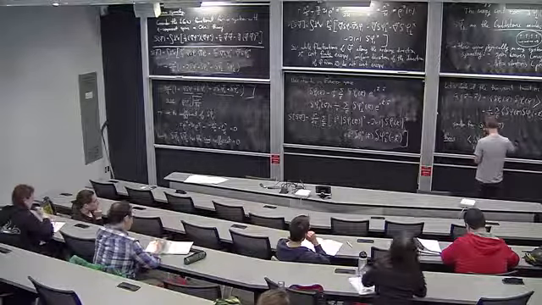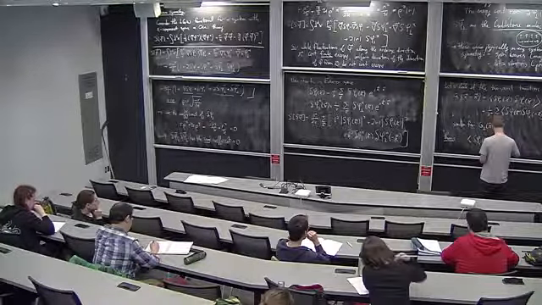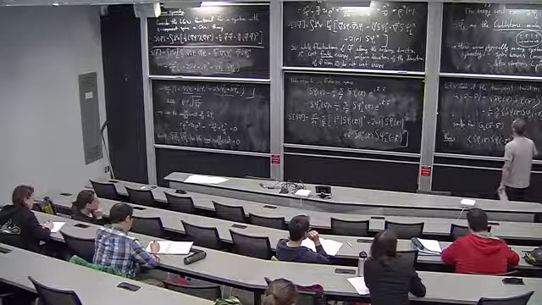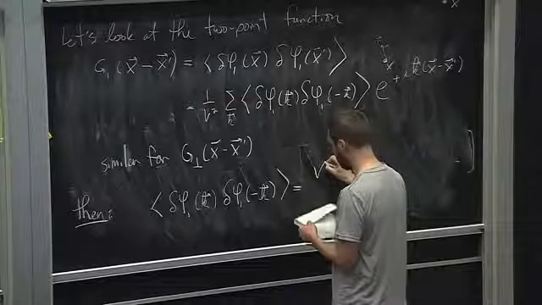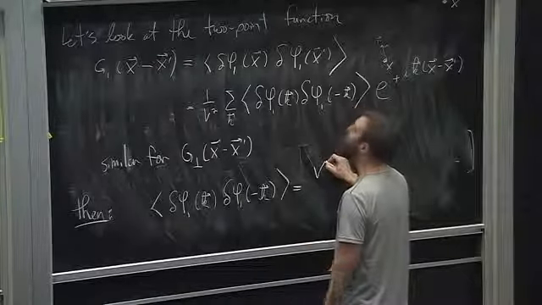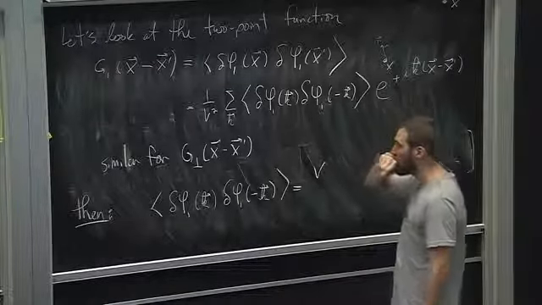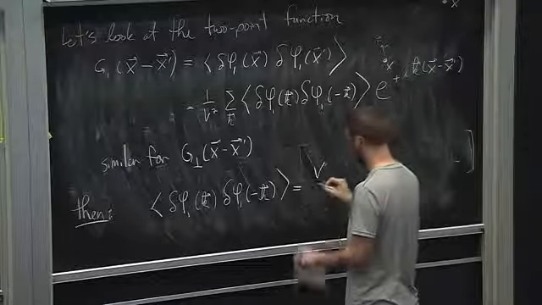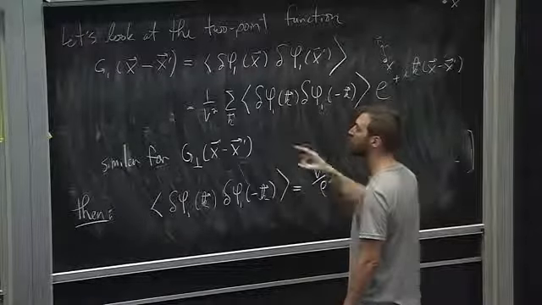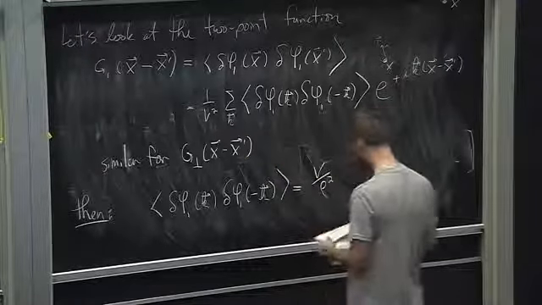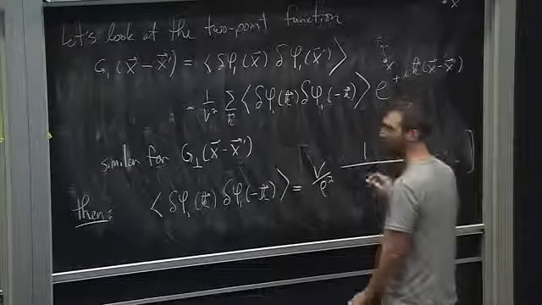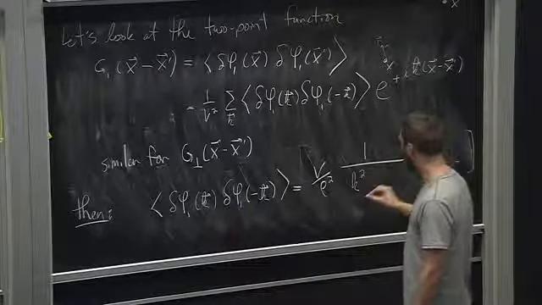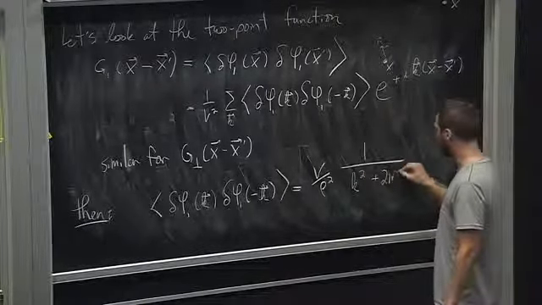Or if you don't believe me, you can do it. Let me just keep track of mine. So I got a V, I got a rho. So I'm going to have a V over rho squared, a V squared here. And then I have k in both cases. But here I have the, whatever you want to call it, the mass.